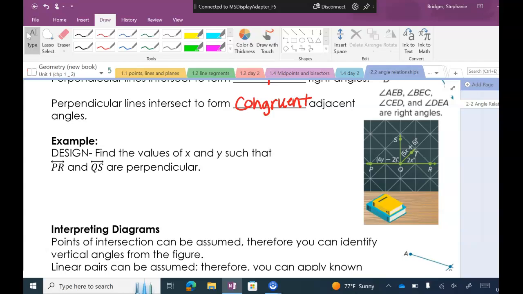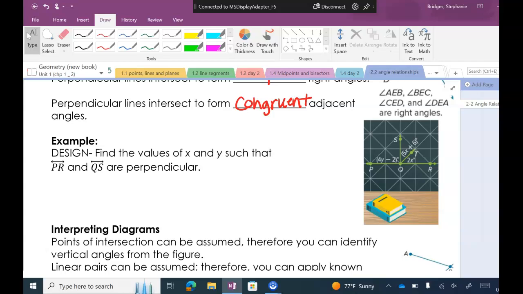Okay, so I'm going to start with y because it's the easier of the two. Does anybody have any idea what kind of equation I can set up to solve for y? It says that PQS is 4y minus 2, but what else do we know it's equal to? 90. So what equation would I write?